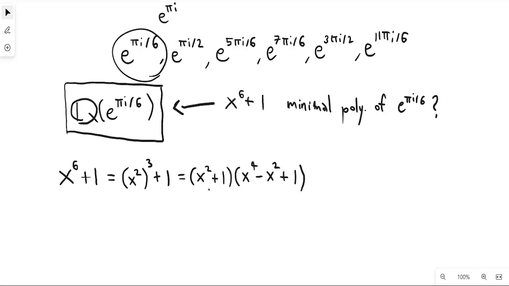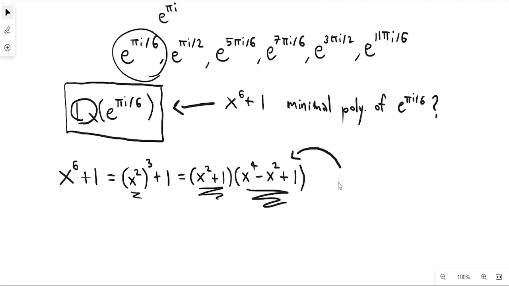And I get this just by using that this is a sum of two cubes, right? So it's x squared cubed plus 1. Okay. And this polynomial is irreducible. But which one is the minimal polynomial of e to the pi i over 6? It's actually this one.